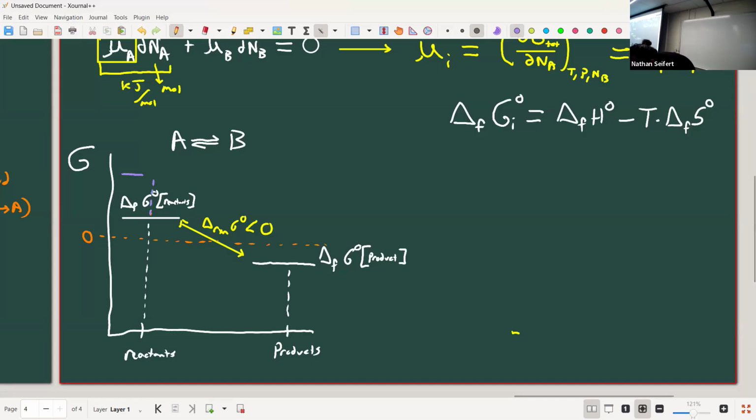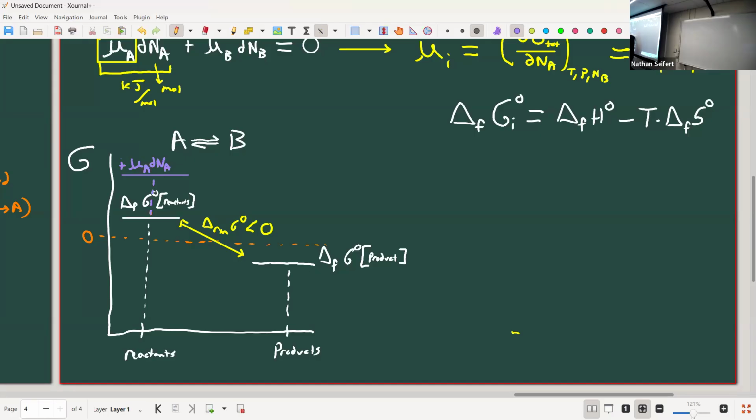So say right here, right? This is going to be mu A dn A, right? I've added some energy, right? And of course, the energy increases as I add moles of A, because the chemical potential of A is its Gibbs energy of formation.